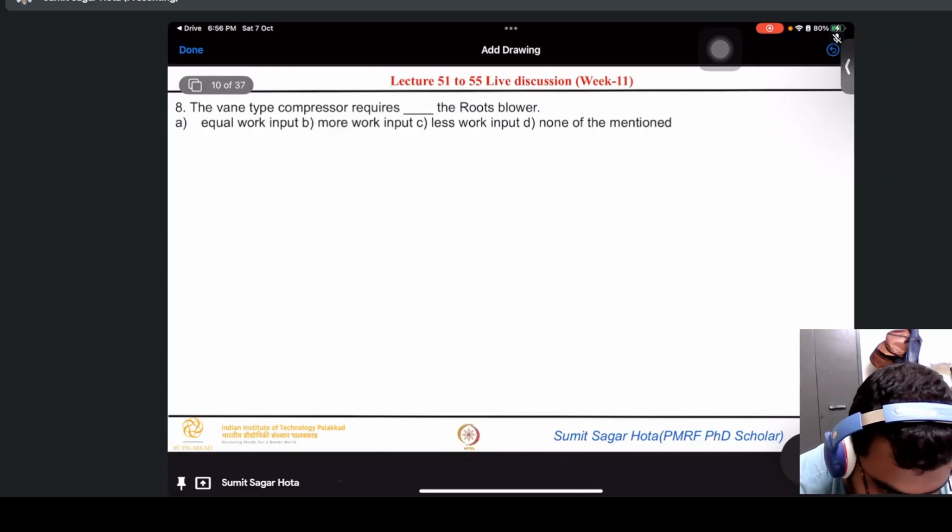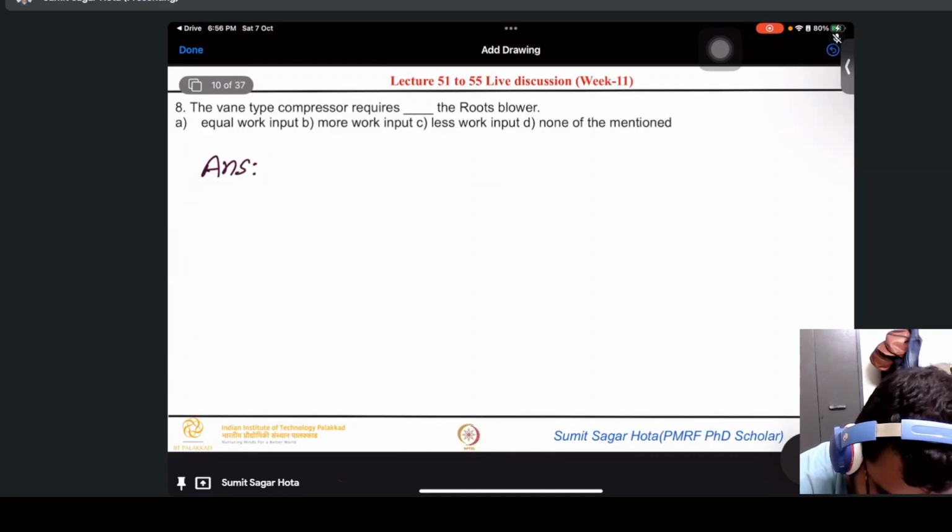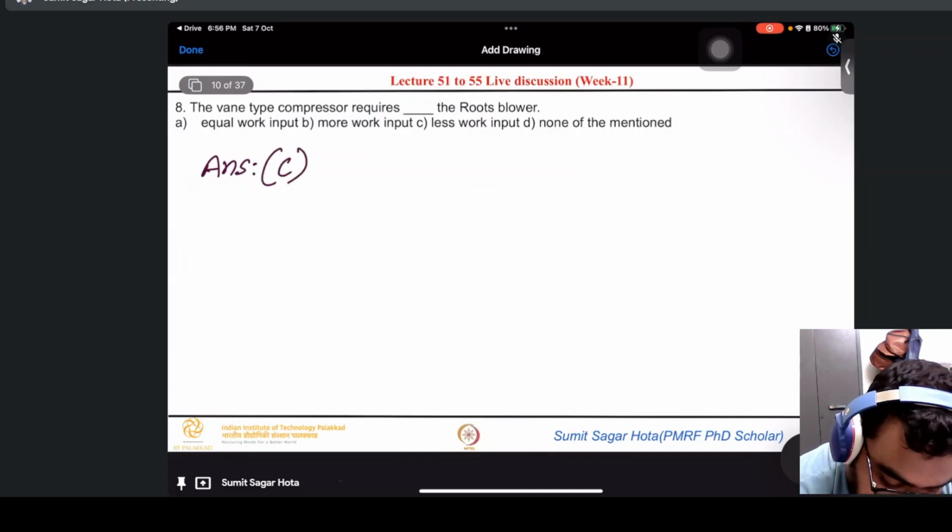The answer is C. That means for the vane type compressor we do not require any more work input.